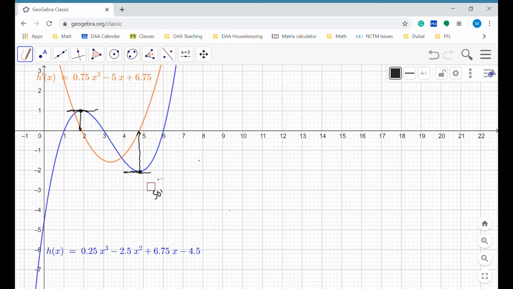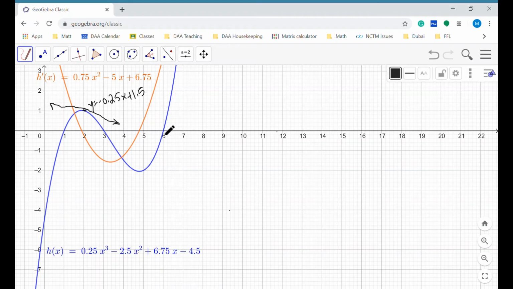We just found in the last segment the equation of the tangent line at x equals 2. I think we figured out that it was negative 0.25x plus 1.5. So we got that from our equation.